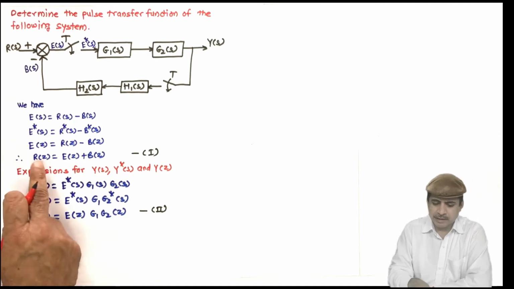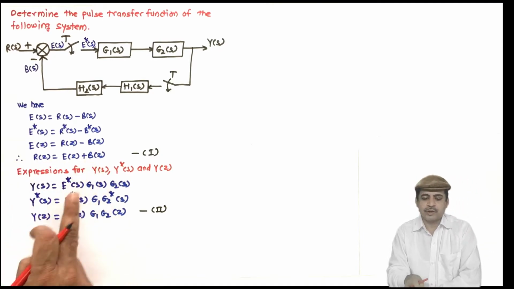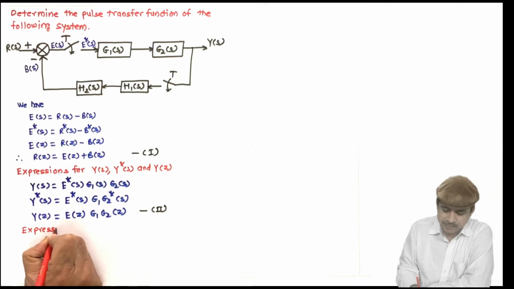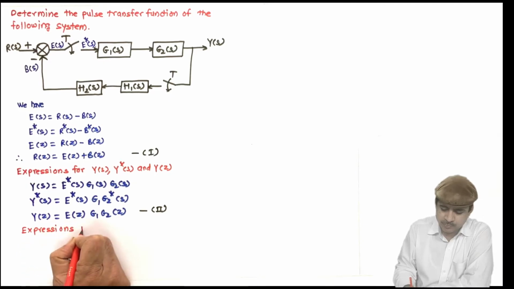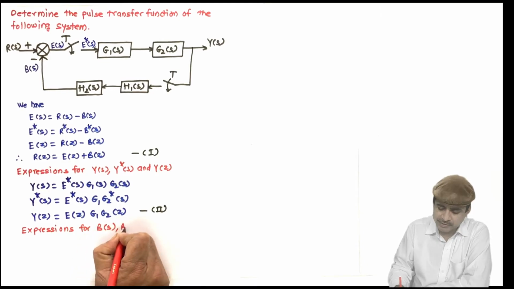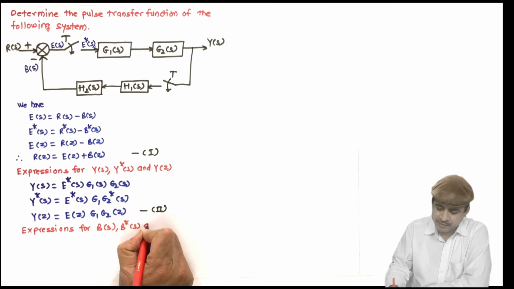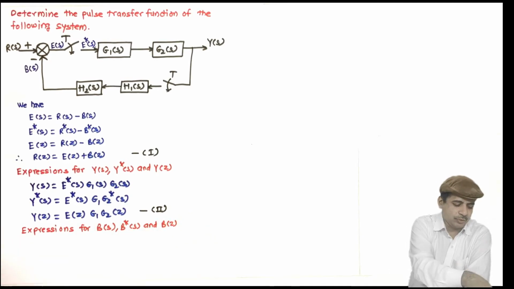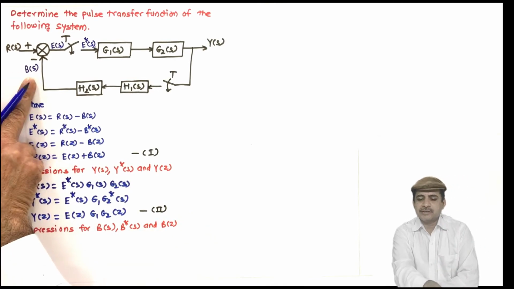Then in R there is B, so now we have to find out the expression for B(z). While doing that, we will find the expression for B(s), B*(s), and then finally B(z). And how to do it? B(s) is here.